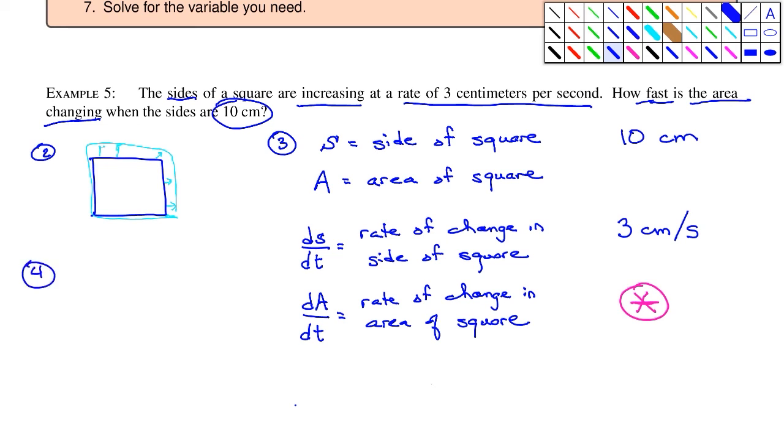Step 4, create the equation needed for this problem using the variables that we defined. Well, we need area because we're talking about the area of a square. And what is the area of the square based on the side? That is A is equal to S squared. That is one that you'll need to know for this course.